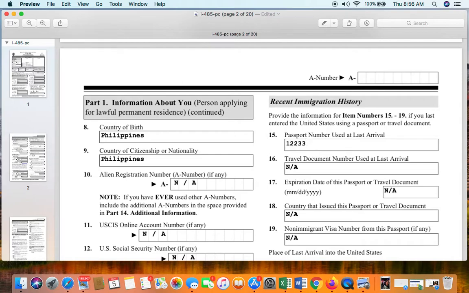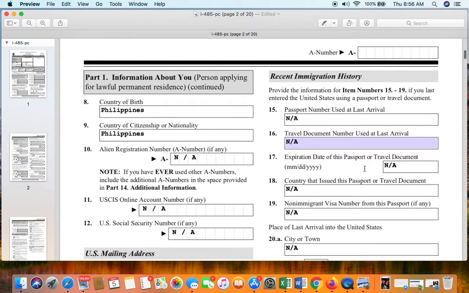Since my derivative applicant is not here yet, but she got approved on my I-360 and I'm filing together with my I-485, I'm going to put NA in my application because she's not here yet.